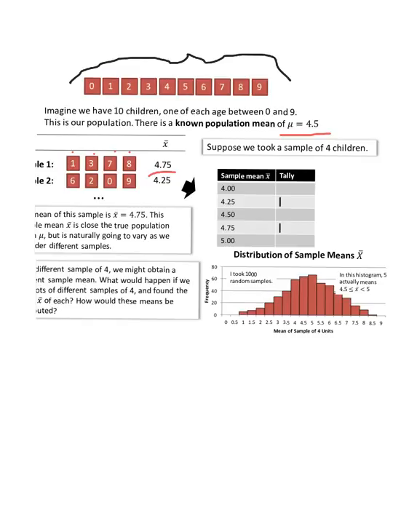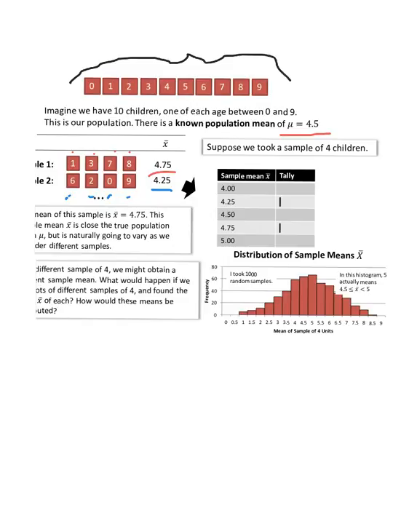If we take a second sample here, the ages of our children are 6, 2, 0 and 9. The mean of this particular sample is 4.25. Now, we can see here that 4.75 is quite close to our true population mean, but for each sample we get, the mean of each sample is going to vary slightly.